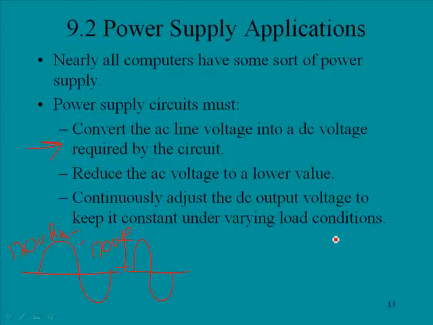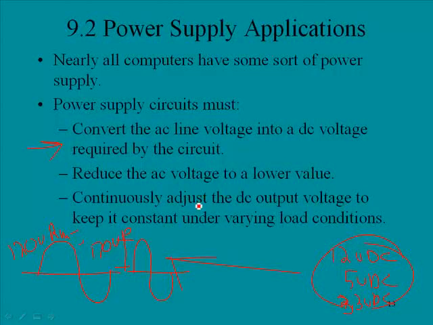Now, what we want for a computer circuit is about 12 volts DC, 5 volts DC, maybe 3.3 volts DC, a few miscellaneous values here. But this is a far cry from this. And so we're going to be using our power supply to do this.